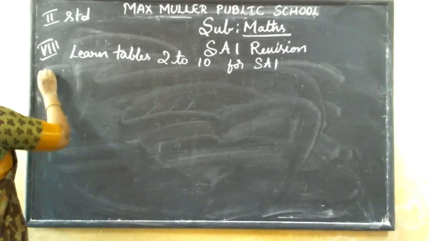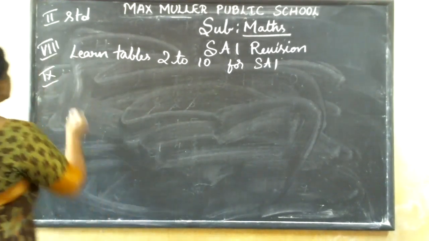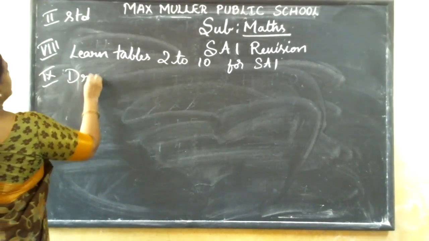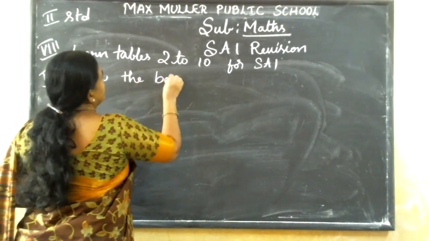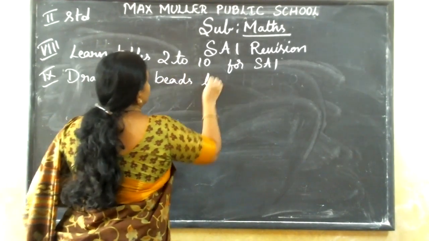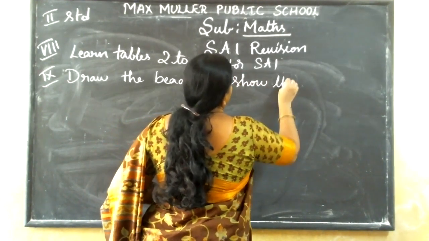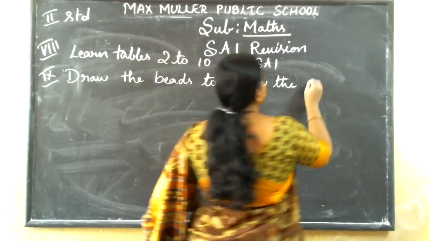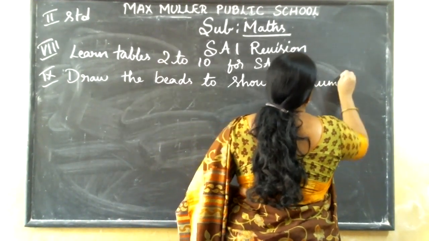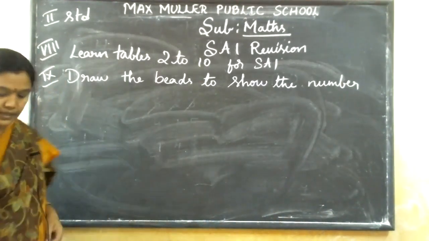Ninth main. Draw the beads to show the number. Refer classwork, children. These will be in the classwork, in August portion.